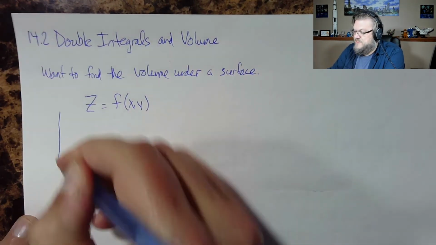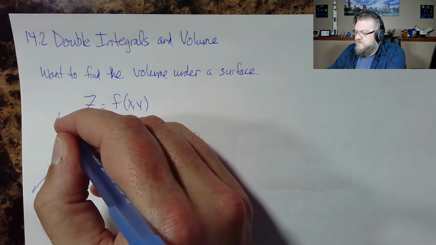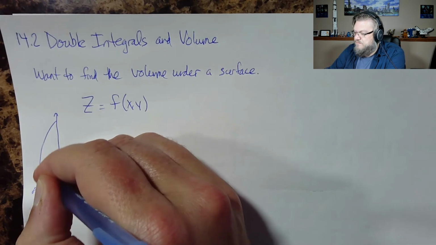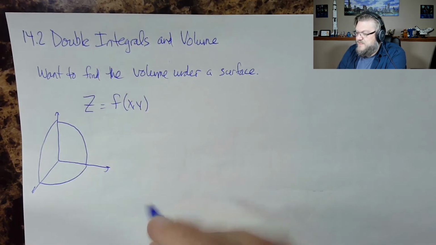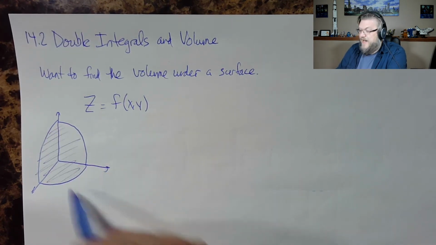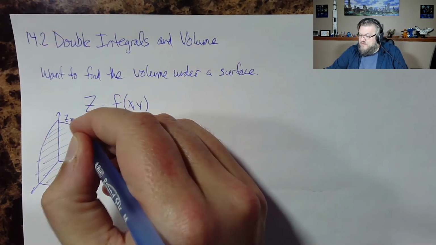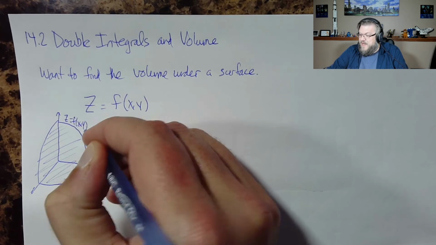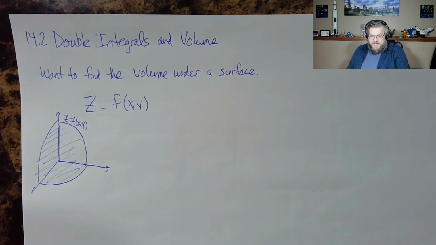Just to get a visual going here, maybe I have some sort of surface like that, and I want to find out the volume, how much three-dimensional space does that take up when I have this surface here. I want to figure out how much physical, 3D space that chunk in the corner there takes up, yeah?